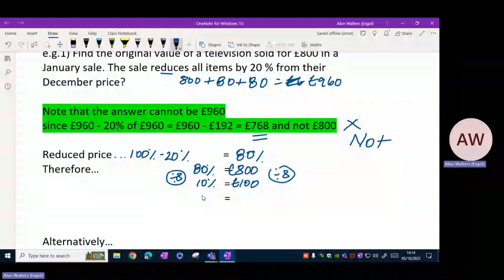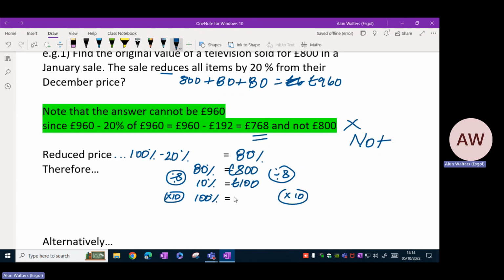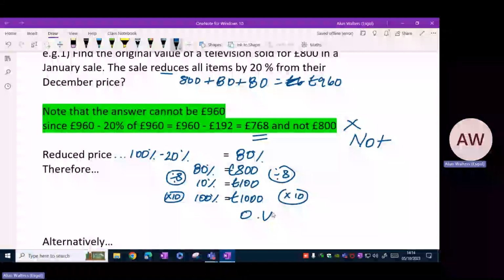But I want to get to 100%, and the original value is always 100%. So to go from 10% to 100%, I'm going to multiply both sides by 10, and I end up saying that 100% is £1,000. That is the original value.